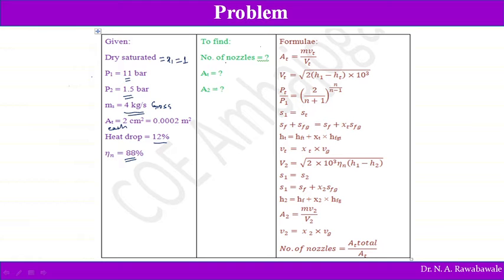Then we are asked to find the number of nozzles. If we know the total area of all nozzles and the area at throat of each nozzle, then the total area divided by the area of each nozzle gives the number of nozzles.